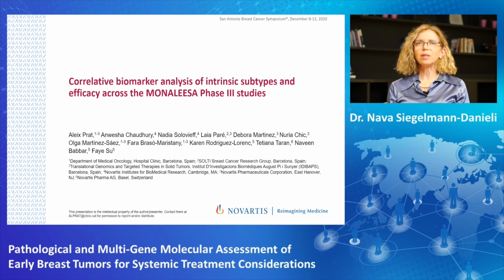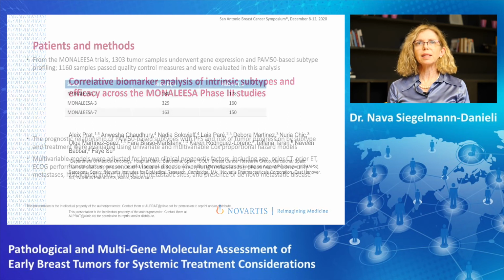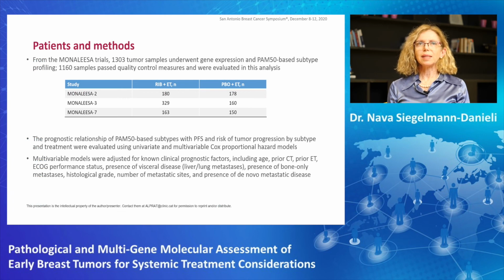And the Prosigna does not have large prospective studies like we have with the other two tests, but just recently we heard some very interesting data from patients with metastatic disease from the MONALEESA phase 3 studies. And those studies recruited patients with luminal tumors with metastatic disease and gave them endocrine therapy with or without ribociclib, which is a CDK4/6 inhibitor.